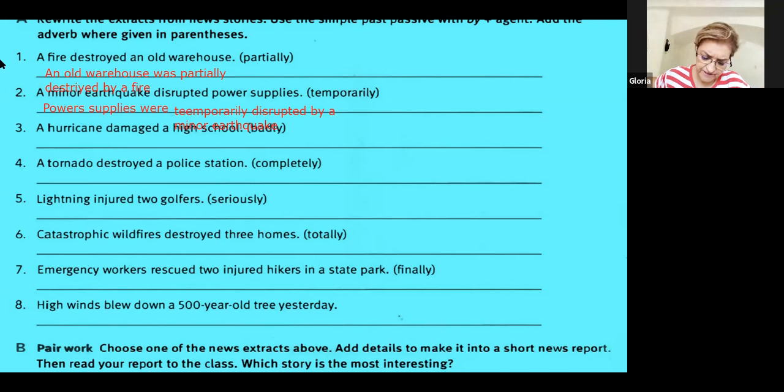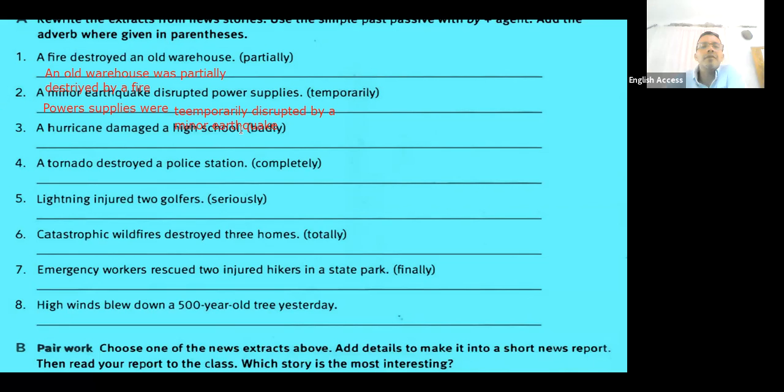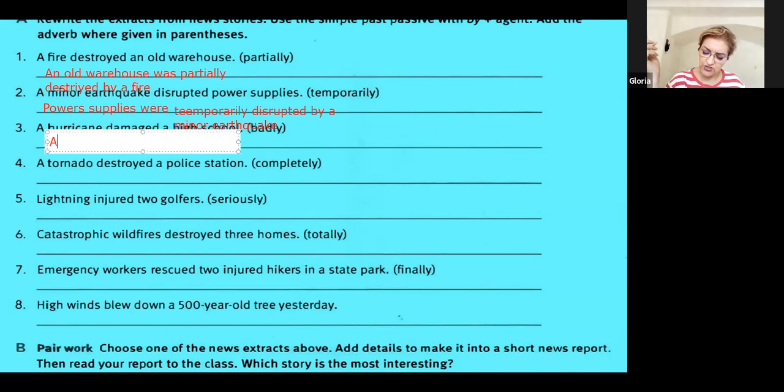It's a was, teacher, because it's a high school. Yeah, but we are talking about badly, in this case, the adverb. Badly is after or before the was damaged?